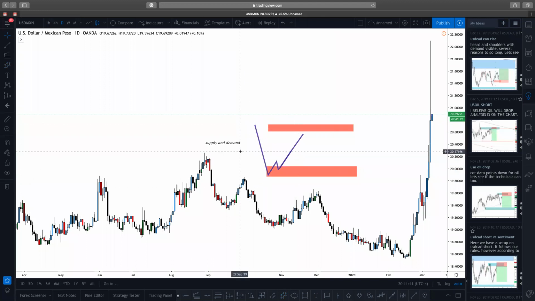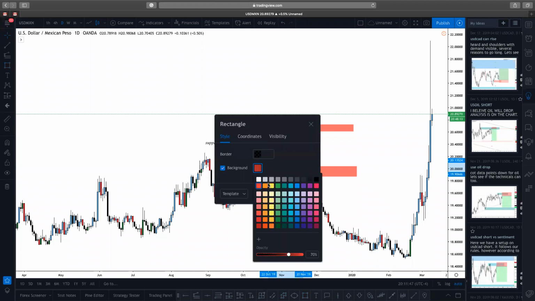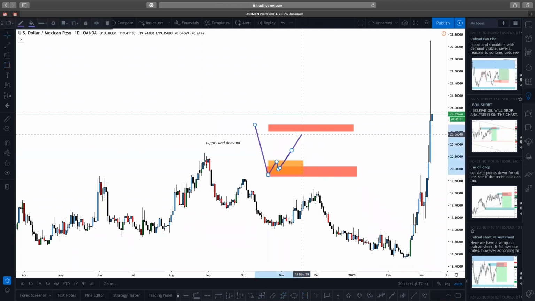Now, yes, we have this drop. Yes, we have this base, right? We have the drop, we have the base, we have the departure, right? Now, just having a drop base rally or drop base departure is not enough to make that zone valid, right?